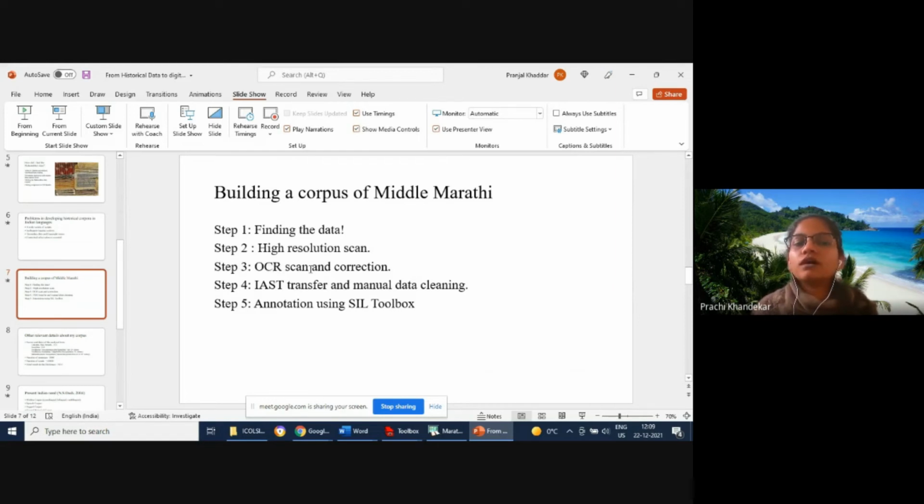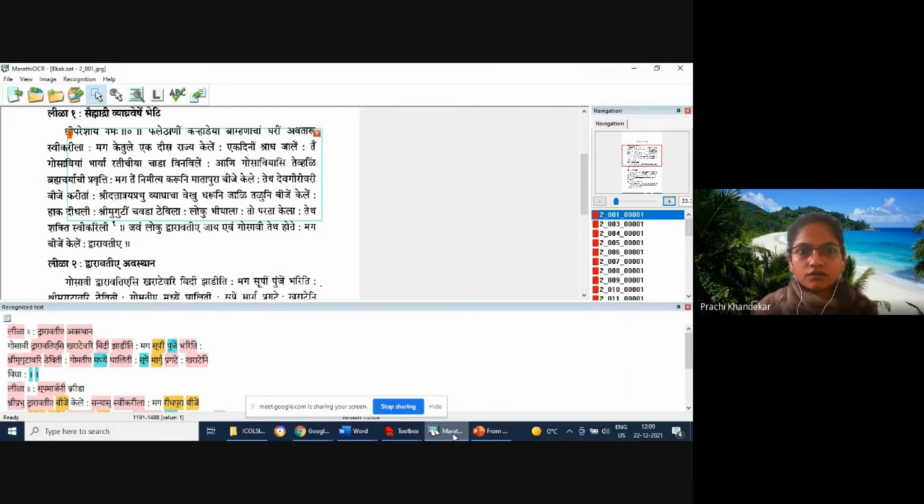Now this OCR is a real game changer. OCR is optical character recognition, and the one that I used is designed by Oliver Helwig. He's doing a great job at building OCRs for Indian languages, and I would like to show it here. Is this visible?